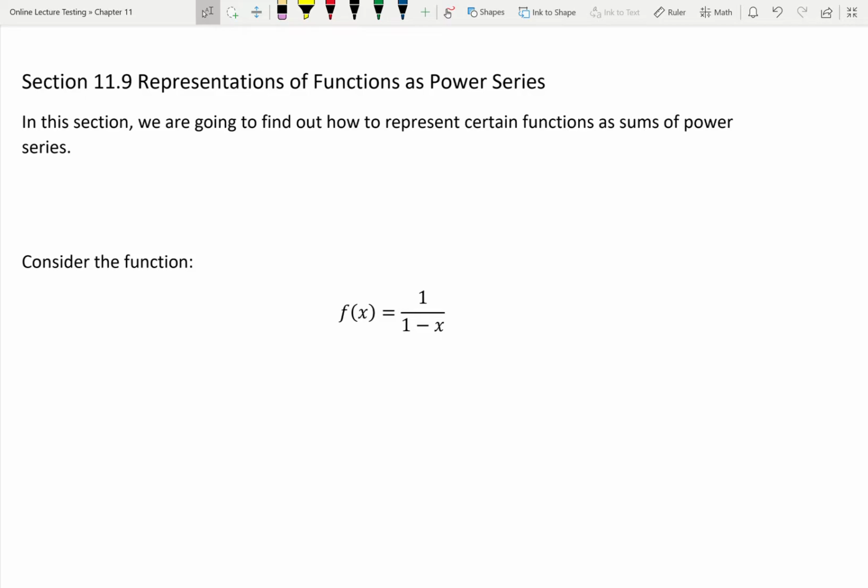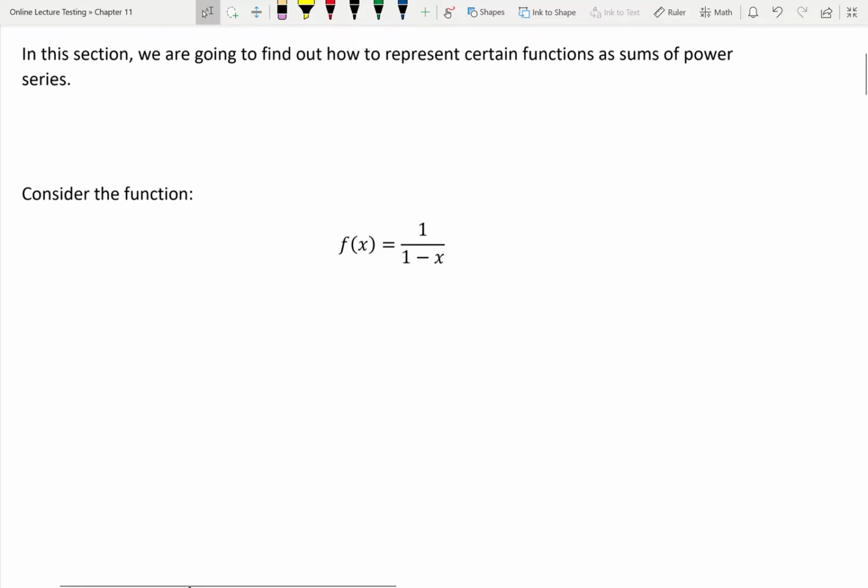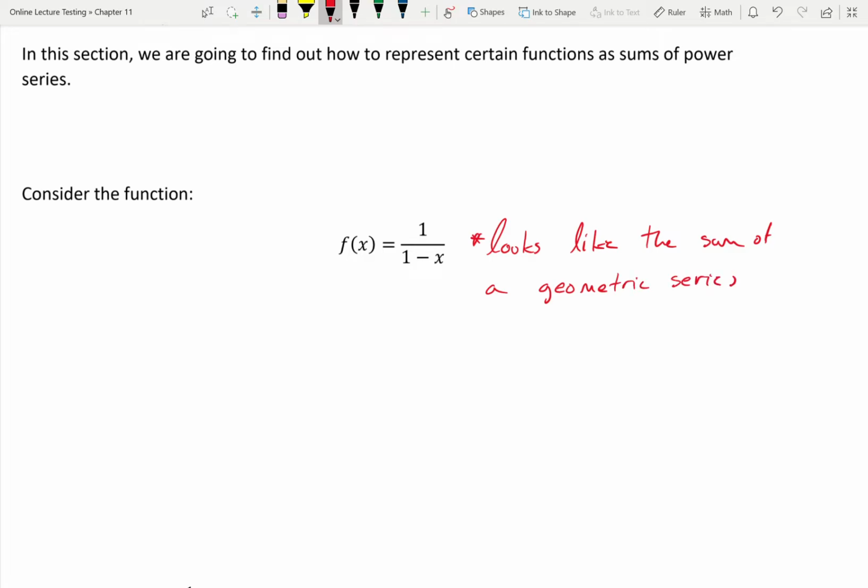So first of all, let's consider the following. f of x is equal to 1 over 1 minus x. Well, what does this look like? This looks like the sum of a geometric series, because think about it.